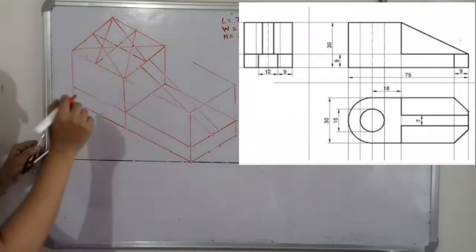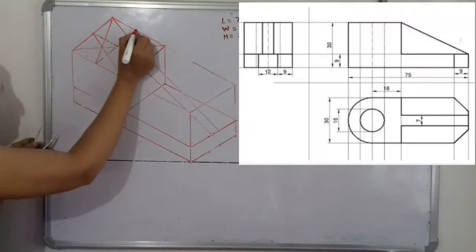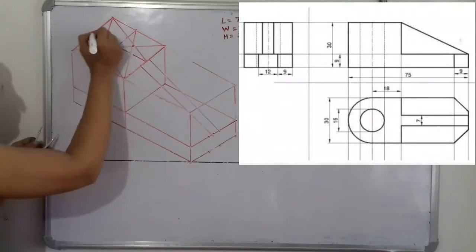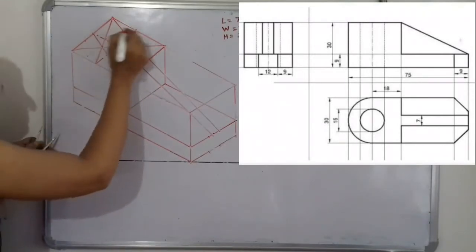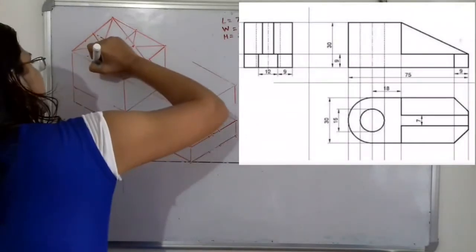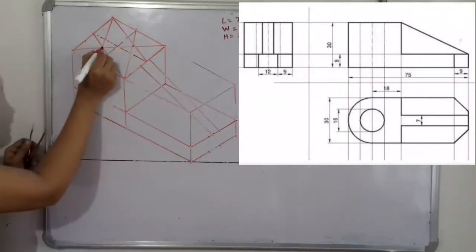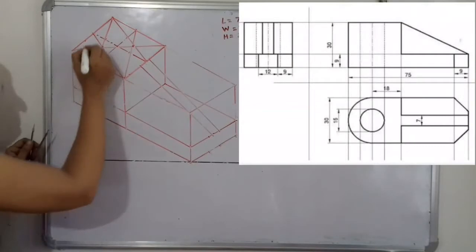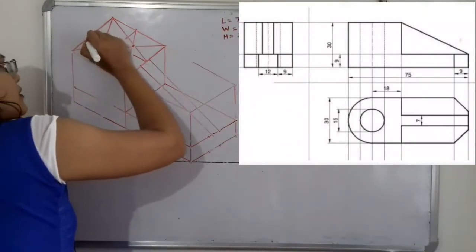These two are the middle points, and from this middle point we have to complete the semicircle. So I will join here. By taking this point as a center, we will join these two lines.